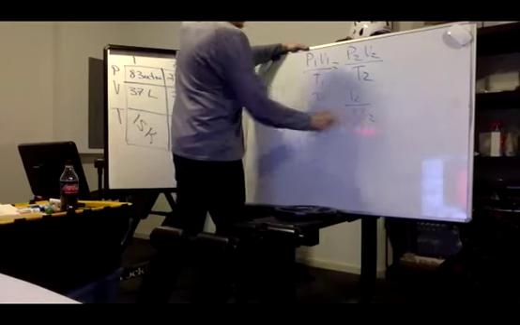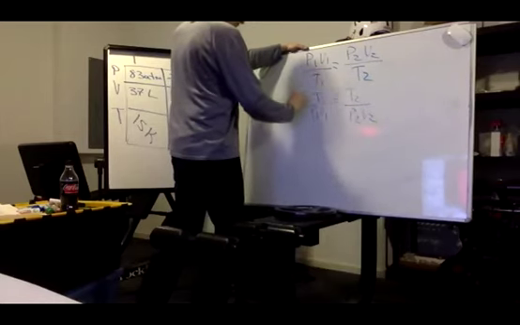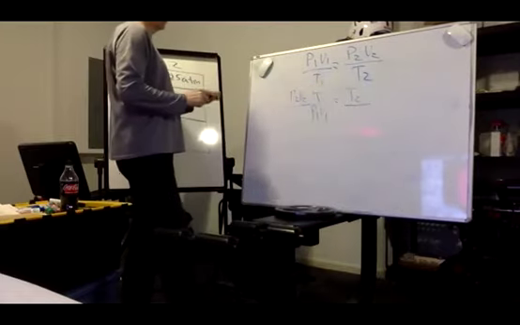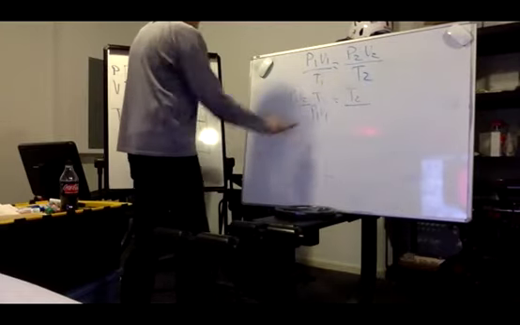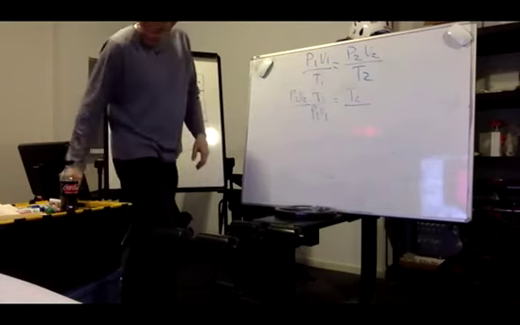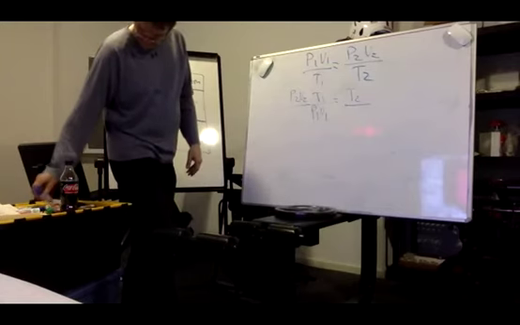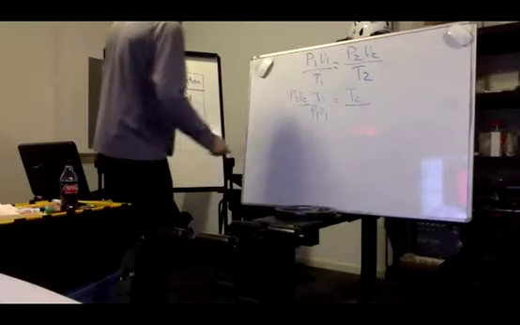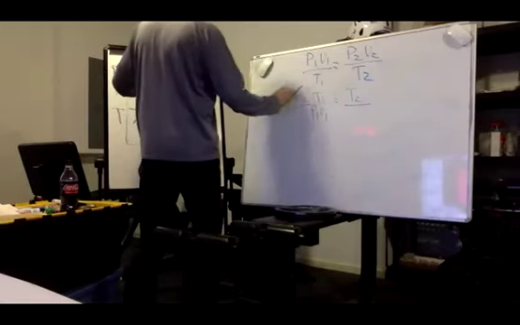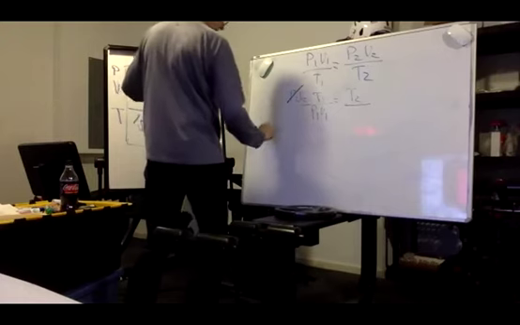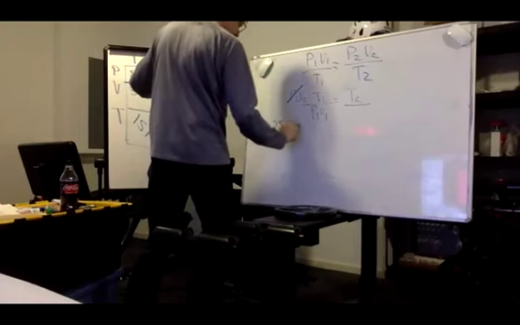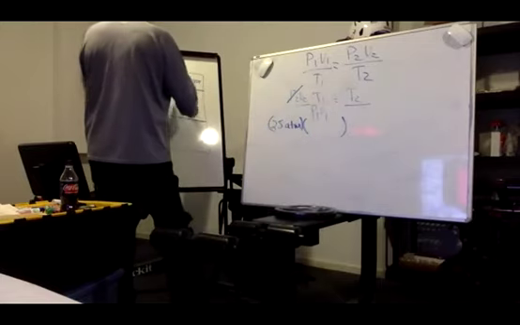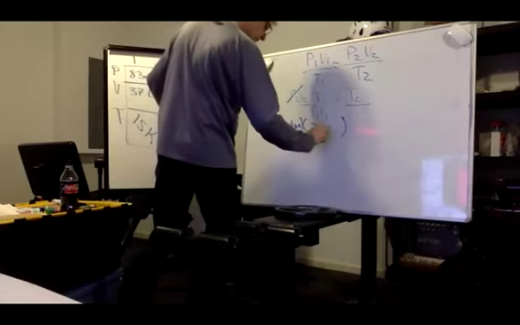P2, V2 downstairs, P2, V2 upstairs. Now I have my functional equation. 1, 2, 3 on top, 2 on the bottom. And now I call this the plug-in phase. We take the numbers and plug them in. P2, 25 atmospheres. V2, 22 liters.